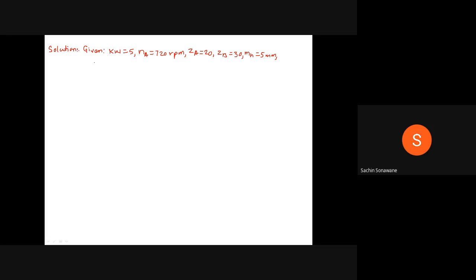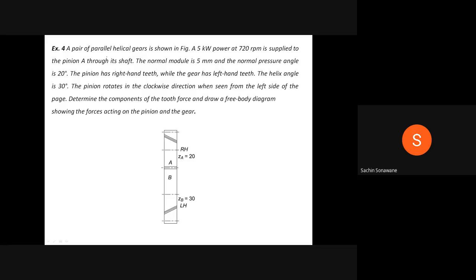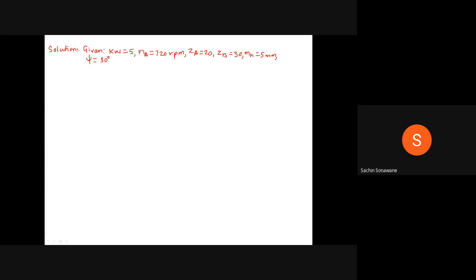Helix angle psi is equal to 30 degree. Is it correct? Yes, helix angle 30 degree and normal pressure angle 20 degree. Alpha n is equal to 20 degree.